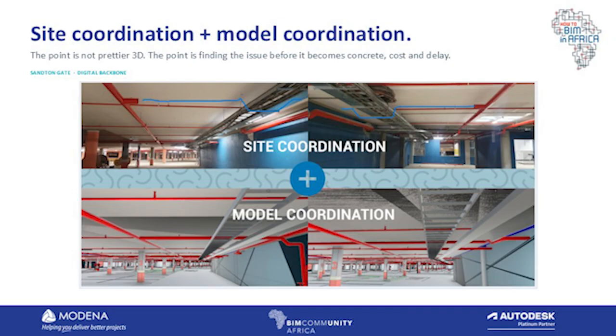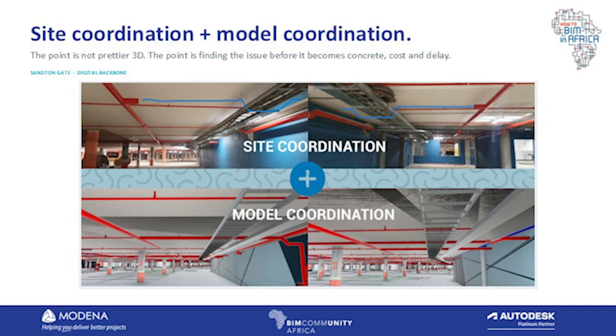This is the BIM model, how we coordinated versus what's happening on site. So you can see it isn't just about pretty 3D models. It's actual issues that were coordinated well before site. And that is basically the overall federation model in that sense as the digital backbone.